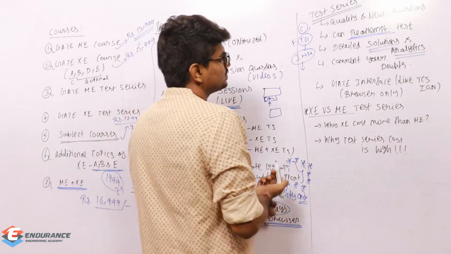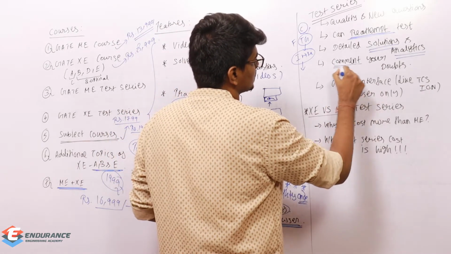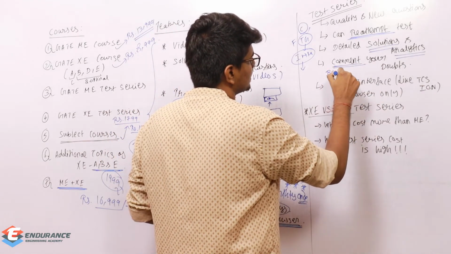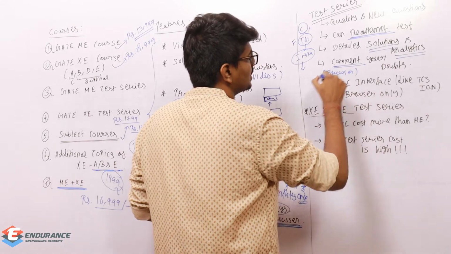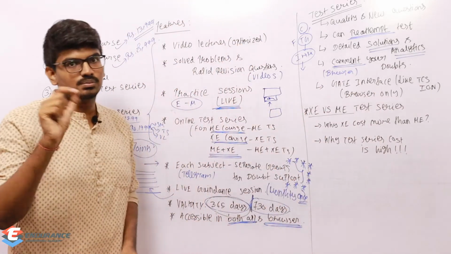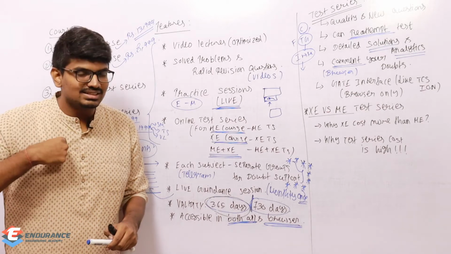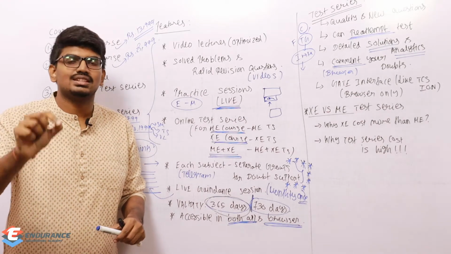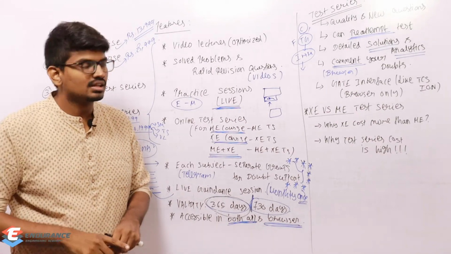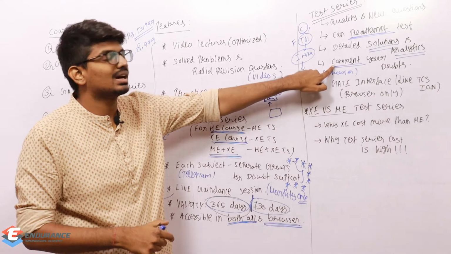And now you can comment your doubts. The test can be accessed in both browser and app, but my suggestion is to access the test in browser. The reason is you will have a feature to comment.